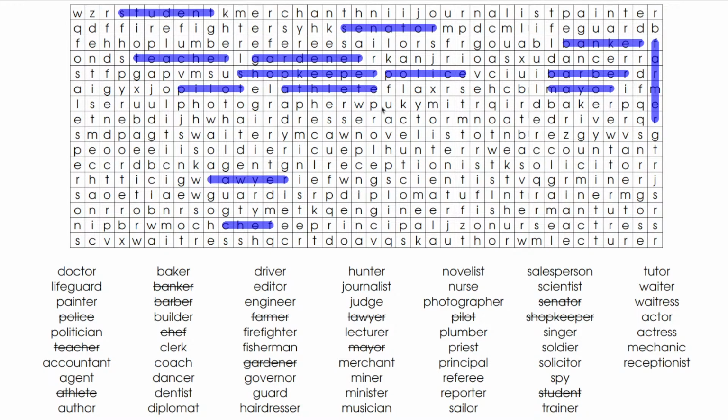Gardener. Grows plants. Sailor. Goes around on a ship. Guard. Soldier. Works for a government, in the army for the government. A waiter will bring food to and from people in a restaurant.